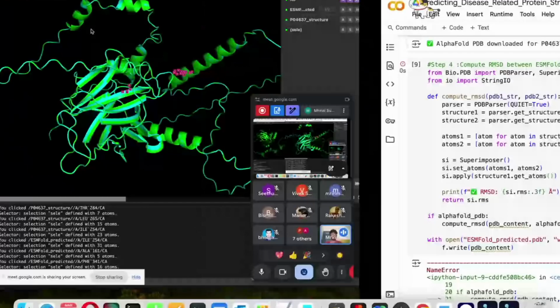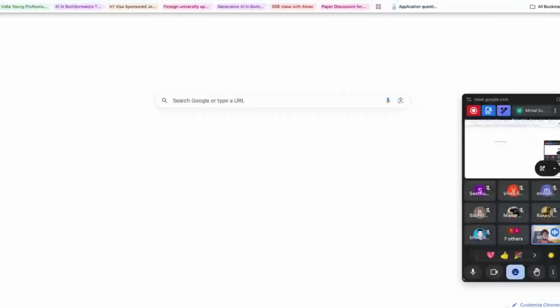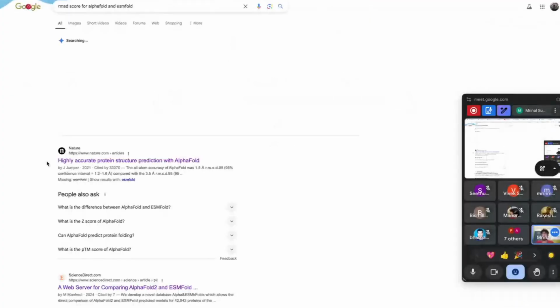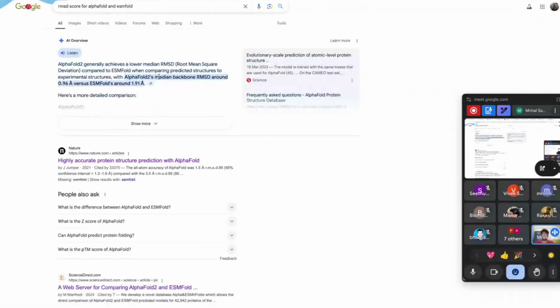Usually when you look at RMSD scores, you get an RMSD score for AlphaFold and ESM Fold, like the AlphaFold median backbone prediction, and say you have an RMSD score of around 0.96 Angstrom. Angstrom is the unit that you use for the calculation of the size of a protein.